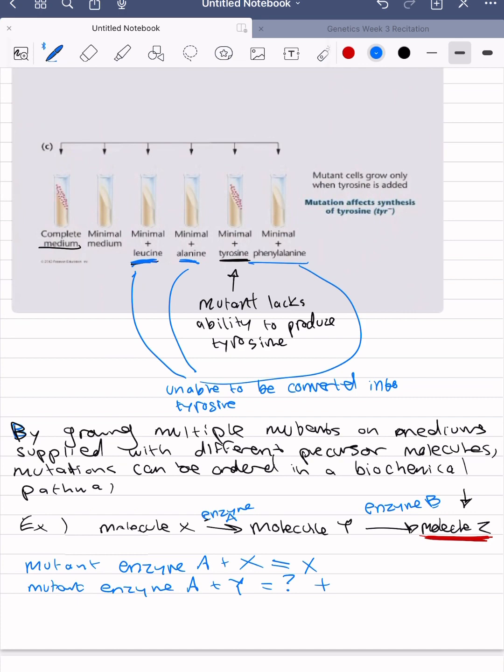Yes, that would allow for growth because the enzyme is only impacted in the conversion of molecule X to molecule Y. It has no effect on molecule Y to molecule Z, or on enzyme B. So if you were to add anything that comes after the mutation or the defect in the enzyme, or the defect in the gene, such as a type of medium or a precursor molecule, then growth would occur because that mutation has no impact on anything to the right of it.